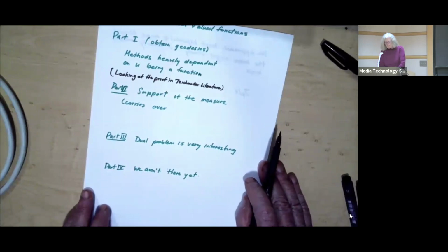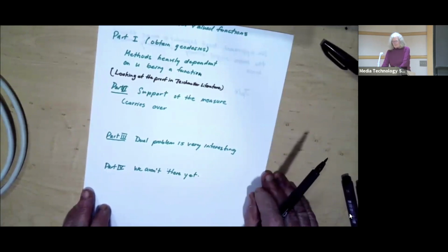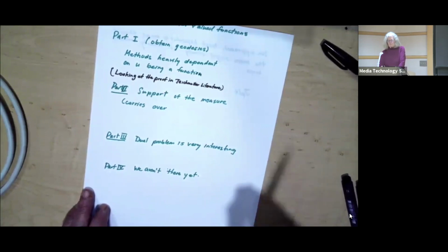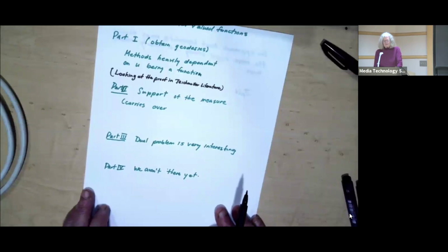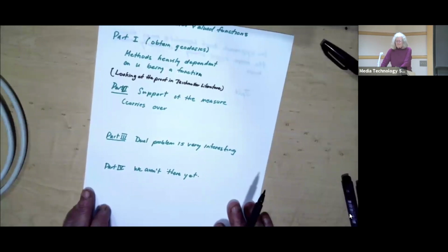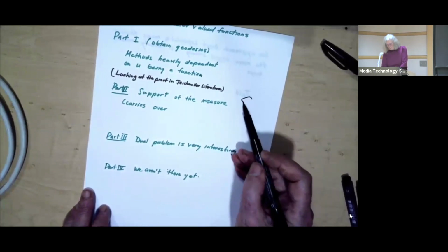We're looking at the proofs in the Thurston literature, where the theorem, which seems to be correct and in fairly great generality, is that the intersection of all the best Lipschitz maps, that set, is a geodesic. And this comes into some very classical mathematics, because it comes up if you have a Lipschitz function defined on a domain.